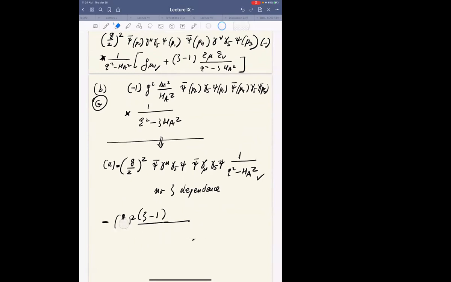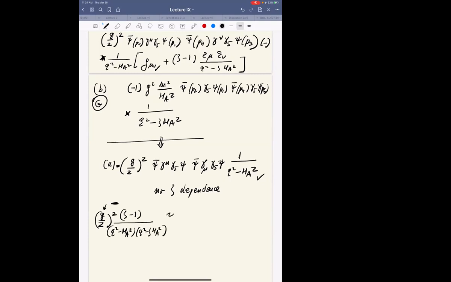I'm sorry, I have to use this place, but there is a minus sign: minus (g over 2) squared, what did I say? psi minus 1 over (q squared minus M_A squared)(q squared minus psi M_A squared).